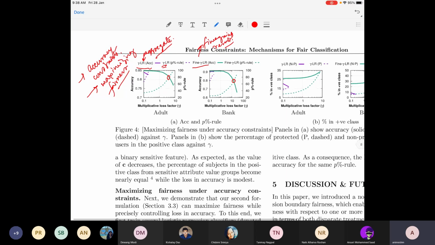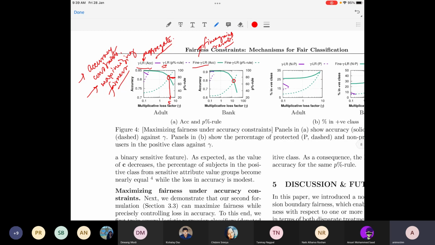For instance, if you take this intersection, here the gamma would be somewhere around, okay, this is a log scale, so the gamma is like 1, 2, 3, 4, 5.